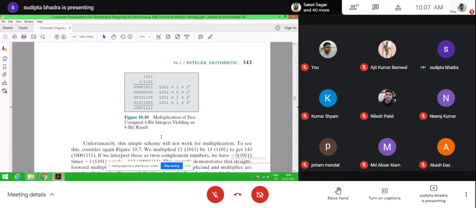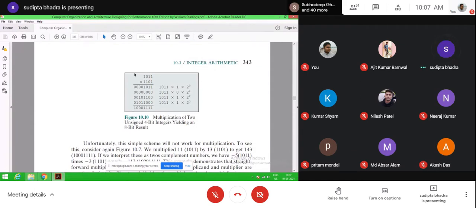Here you can see in figure 10.10 that a multiplication is happening, the multiplication of two unsigned 4-bit integers. After multiplication of any two 4-bit integers, the result will be an 8-bit result. So here, 4-bit into 4-bit unsigned integer yields an 8-bit result.